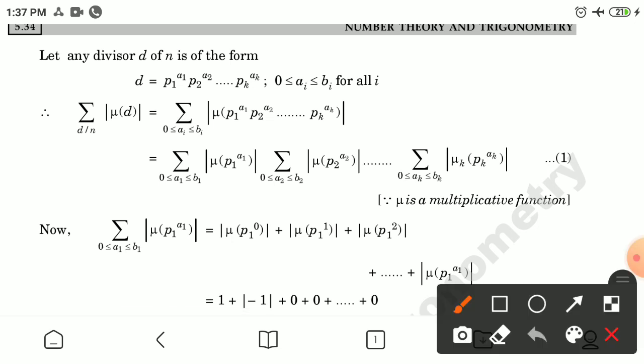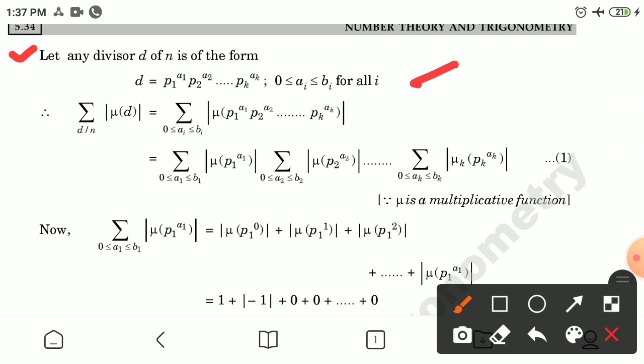Any divisor d of n is of the form d equal to p1 raised to power a1, p2 raised to power a2, and so on, pk raised to power ak, where ai is between 0 and bi for all i.